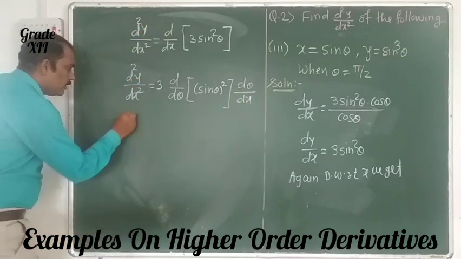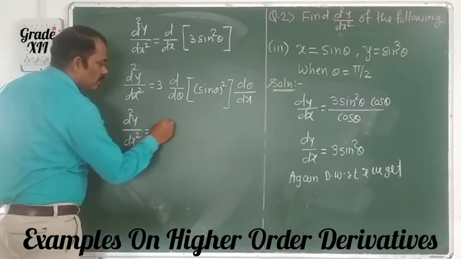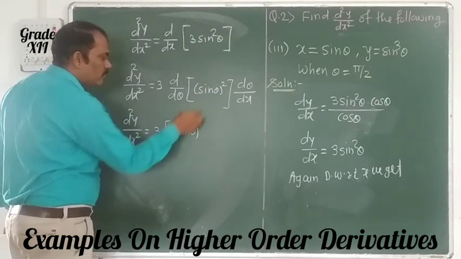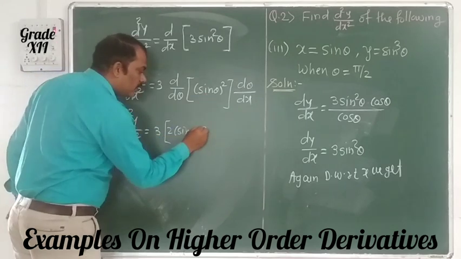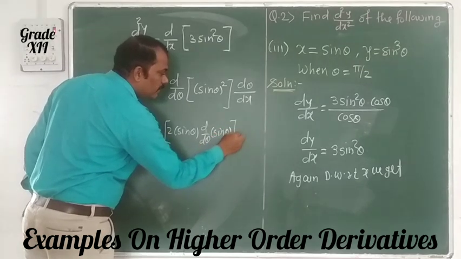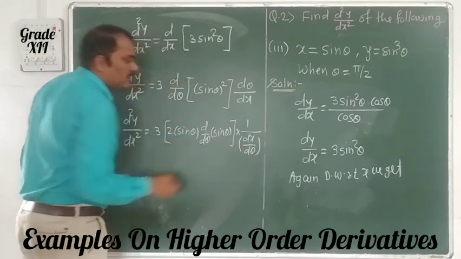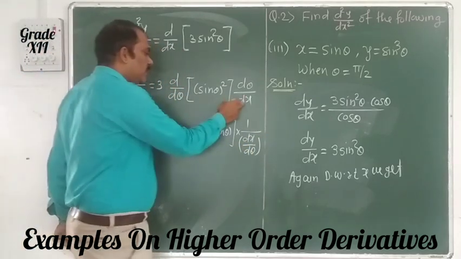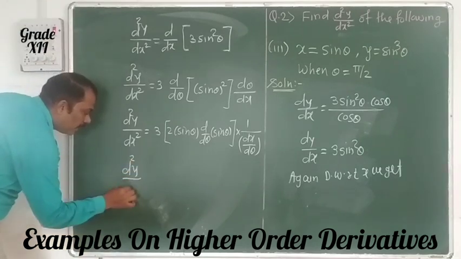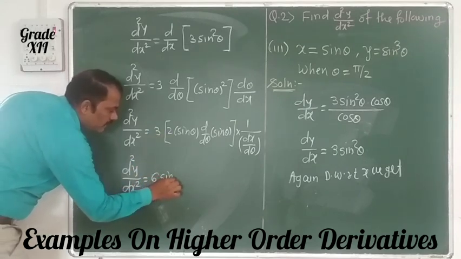So d2y by dx square is equal to 3 into bracket, take the power as it is, from the power we minus 1, 2 minus 1 is nothing but 1, and then we differentiate this sin theta into 1 upon dx by d theta. By using the derivative of the inverse function, d theta by dx can be written as 1 upon dx by d theta. So d2y by dx square is equal to 3 into 2, that is 6 sin theta.